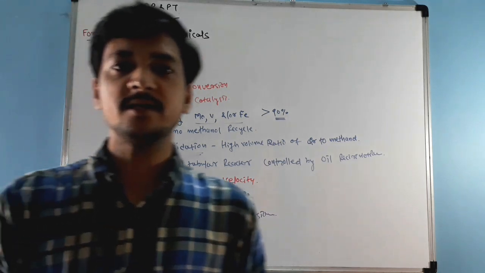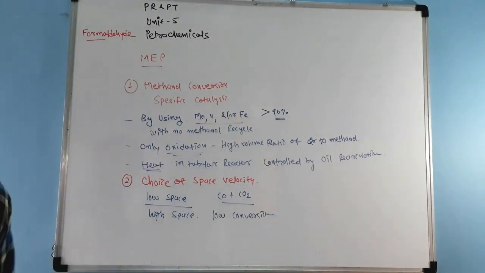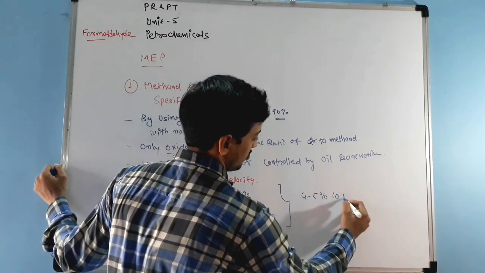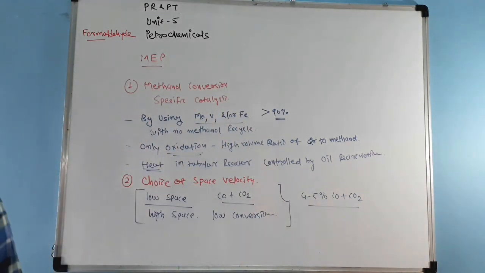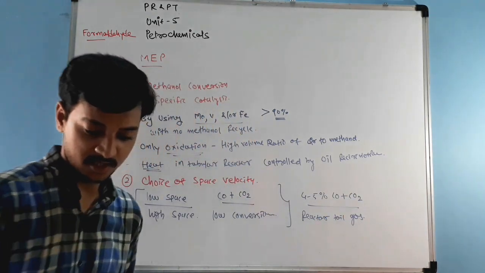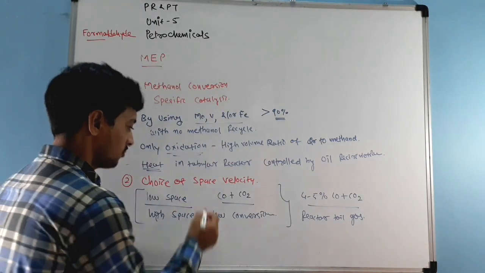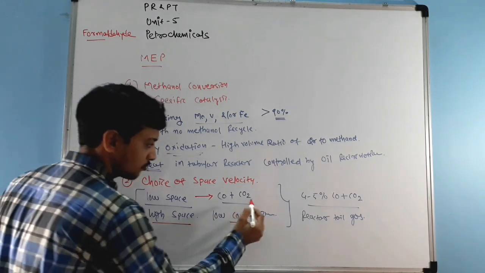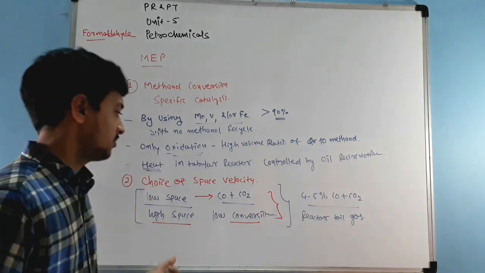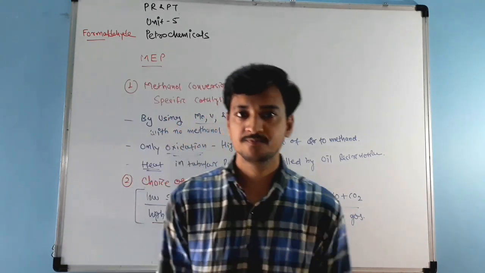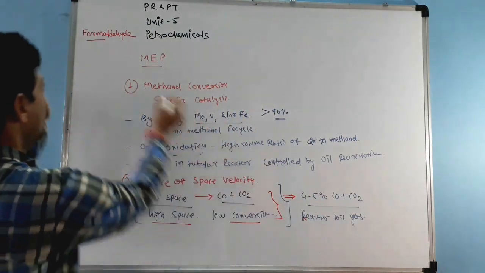So we have to compromise between these two, and after compromising we get almost 4 to 5% CO plus CO2 production in the reactor tail gas. These are the two MEPs of formaldehyde.